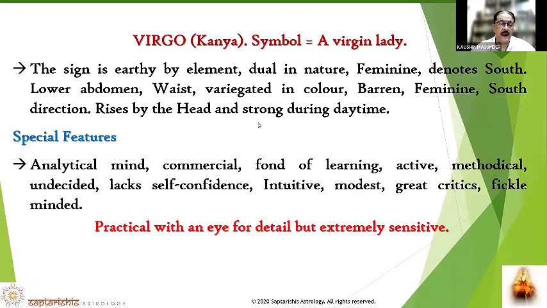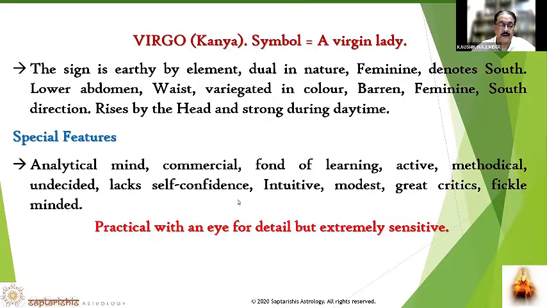Special features are analytical mind, commercial, fond of learning, active. They are very methodical, at times undecided, lack a little bit of self-confidence, tremendously intuitive, modest. They are very good critics and a little bit fickle-minded.